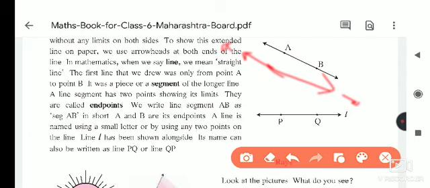There is no limit, and it doesn't have an end. So the first line that we drew was only from A to B. Suppose this is point A and this is point B, and if we join them, then this is called line AB. A line segment is a piece of a longer line and has 2 points showing its limits. It means a line segment has a limit, but a line does not have a limit. That we saw yesterday.